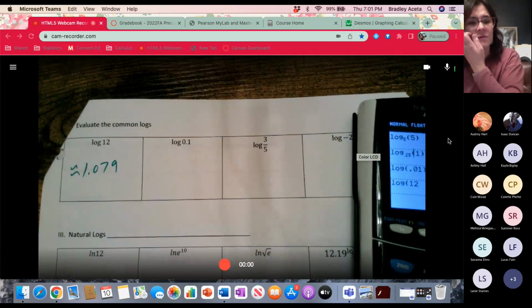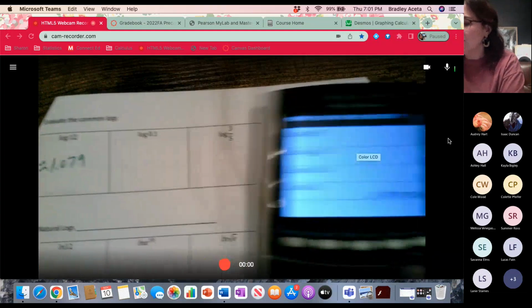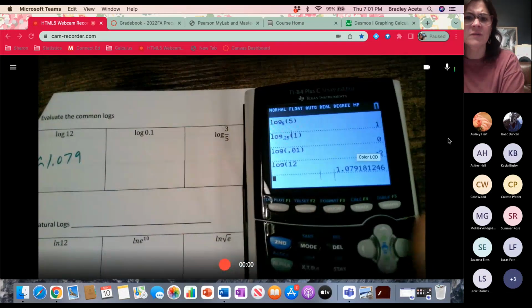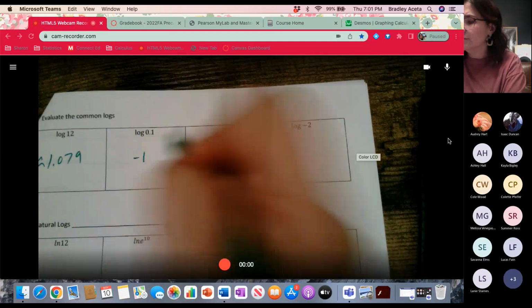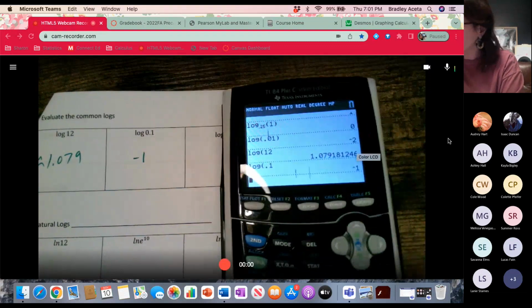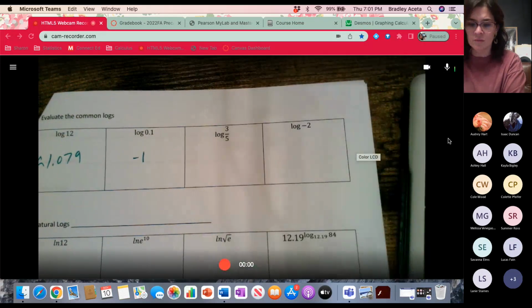It'll tell you on Pearson how far to round. This one, log 0.1 is -1. Log of 3/5, 3 divided by 5, is about -0.22.